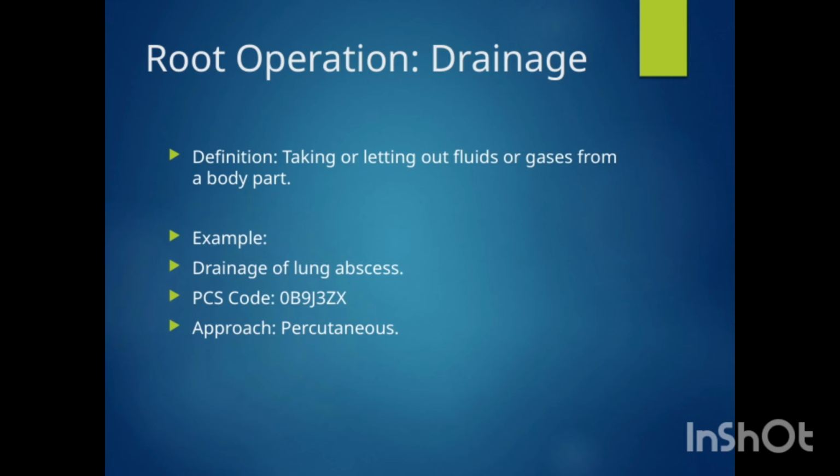For instance, the PCS code 0B9J3ZX refers to a drainage procedure. The approach in this case is percutaneous, meaning it's done through the skin using a needle or catheter rather than open surgery. And the root operation here is drainage, which clearly indicates the purpose of the procedure, removing unwanted fluids or gases. Understanding these key points helps us see how drainage procedures are categorized and documented, and how they fit into the broader context of patient care and treatment planning.